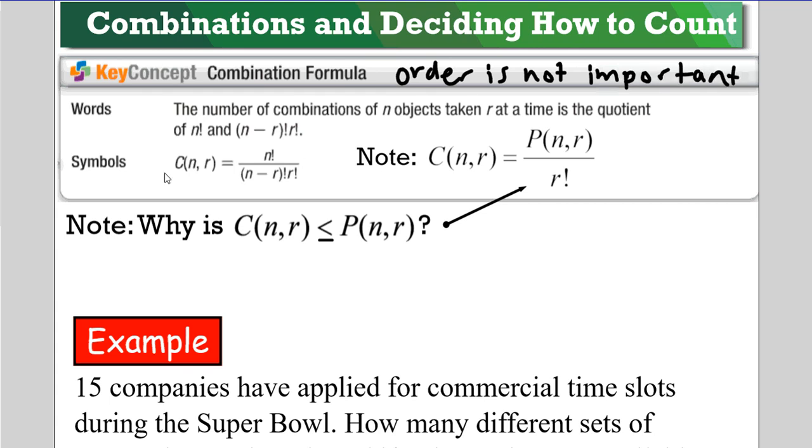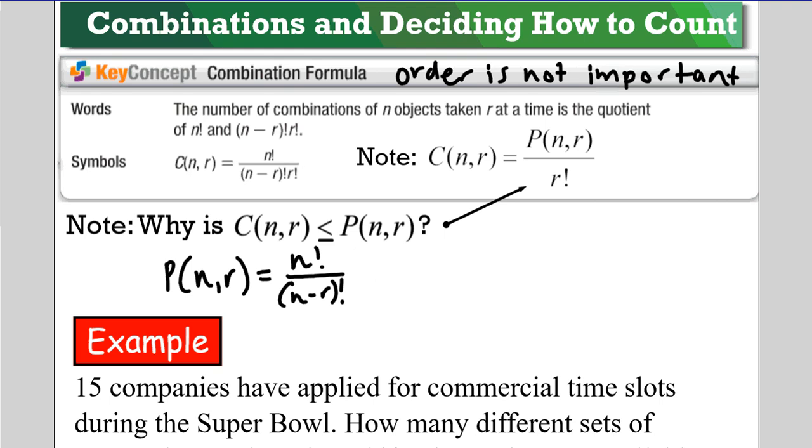If you look at the formula, it's actually the exact same formula that we had for permutations. It's just you need to divide by how many ways you can rearrange those that were selected, because you overcounted by that factor. So recall in the last lesson we did P from n selecting r. That was n factorial over n minus r factorial.